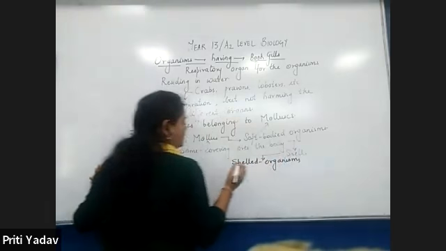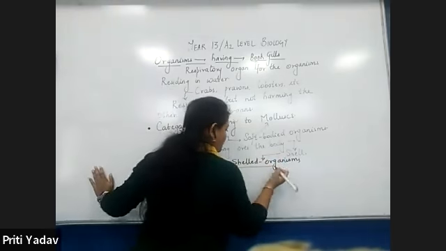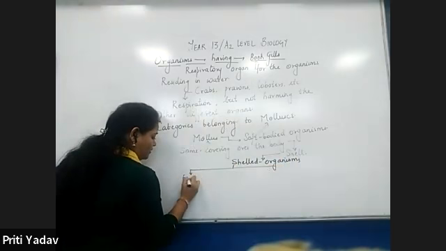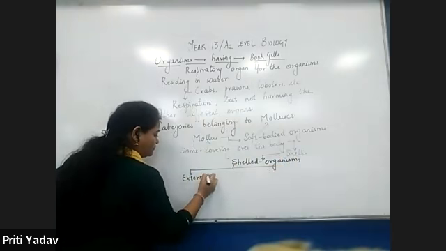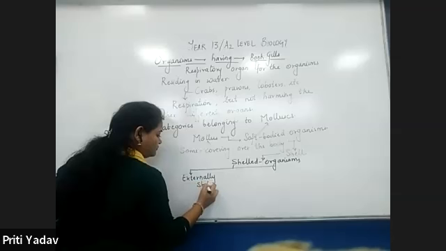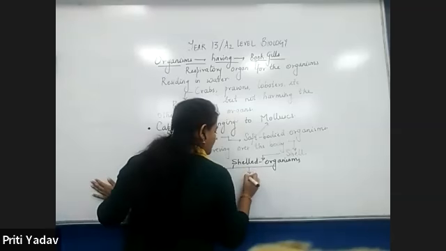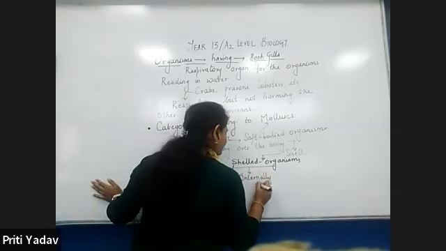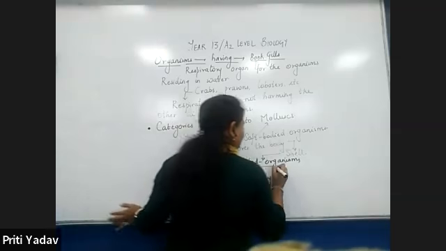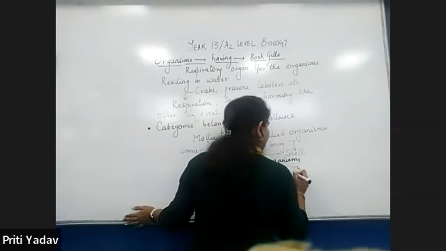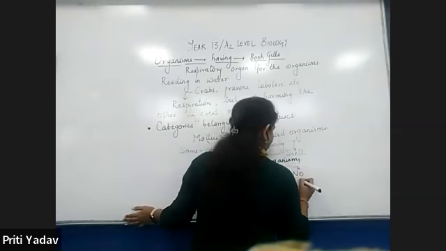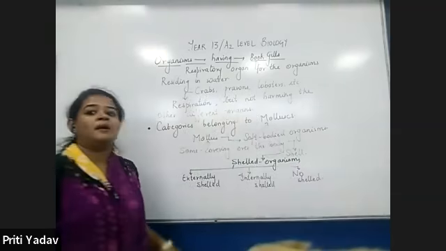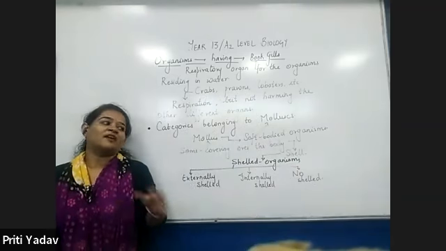Now, these shelled organisms are categorized into three categories. There are externally shelled organisms, internally shelled, and there is even an example of a no-shell organism. And that no-shell organism is the brightest, smartest organism in the sea.